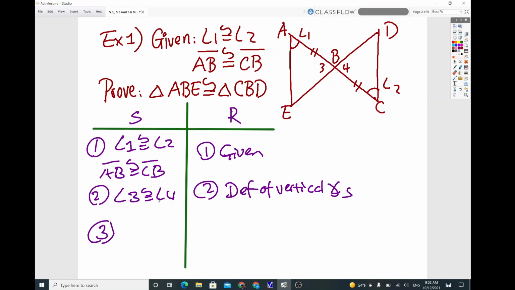And for the last statement, you just say that triangle ABE is congruent to triangle CBD. And the reason for this one is by using the postulate of angle, side, angle. As you can see here, angle, side, angle.